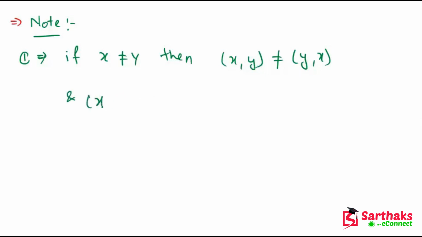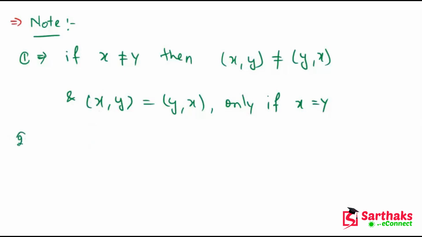These coordinates x comma y and y comma x will be equal only if x is equal to y. I hope you understand these things.